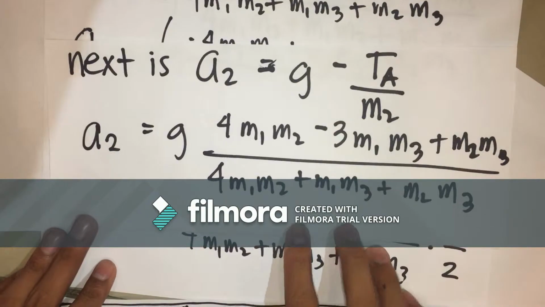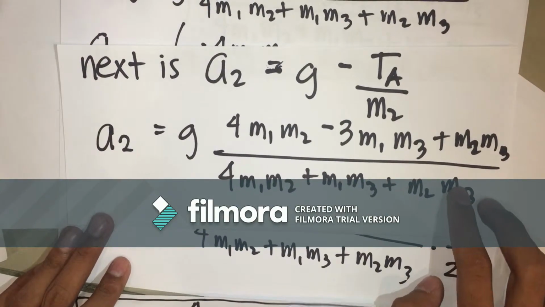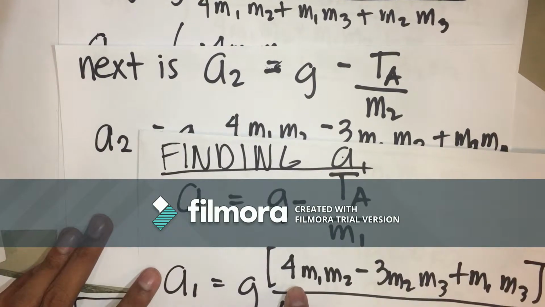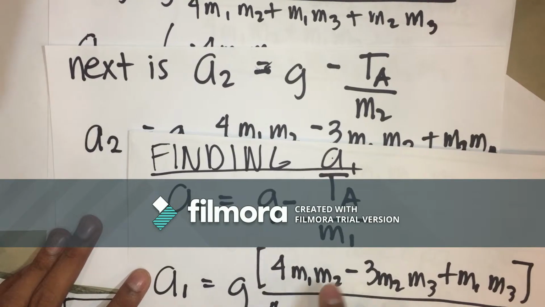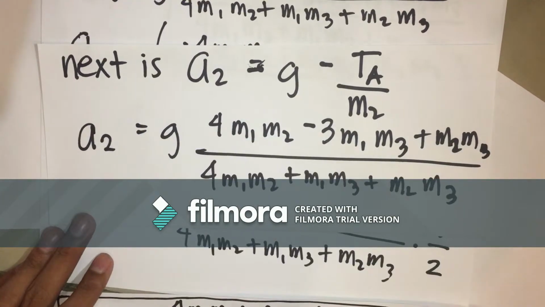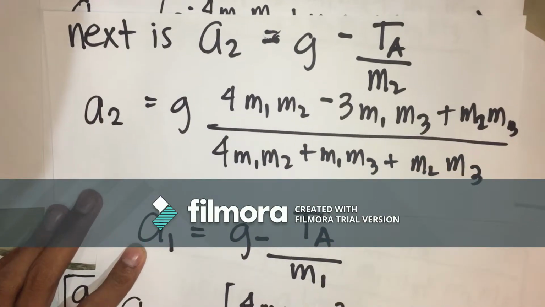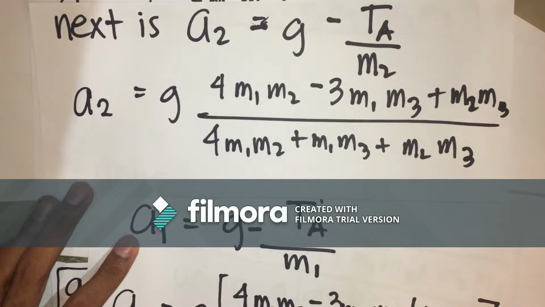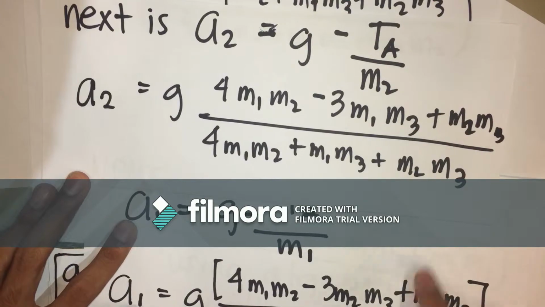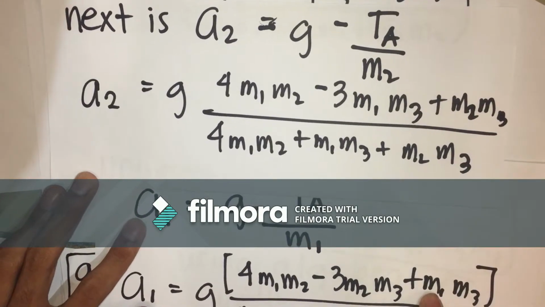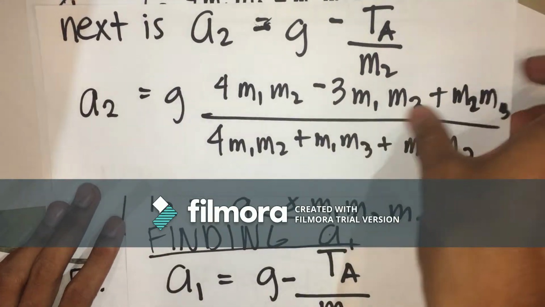Next is A2, which is equal to G minus TA over M2. So from this equation, we'll just swap all 1's by 2's and all 2's by 1's. So we'll get for M1 M2, nothing's changed here, but here we have negative 3 M1 M3 plus M2 M3, complete opposite of A1.